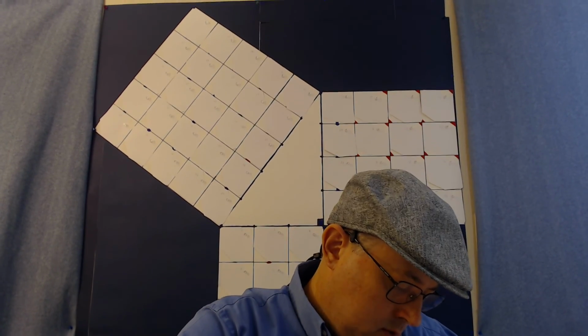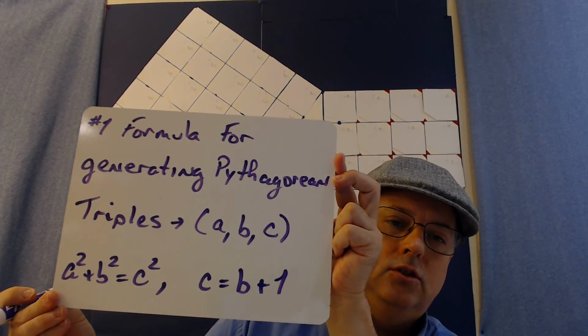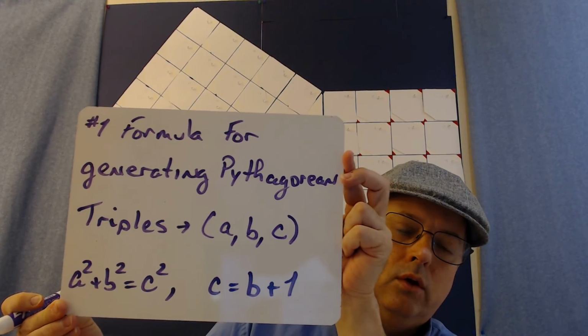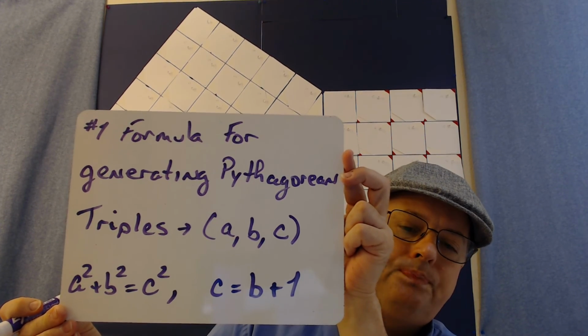And those triples are A, B, and C, where A squared plus B squared equals C squared. And C is one more than the B value. Okay, so check this out. This is what we're going to look at in the next video.